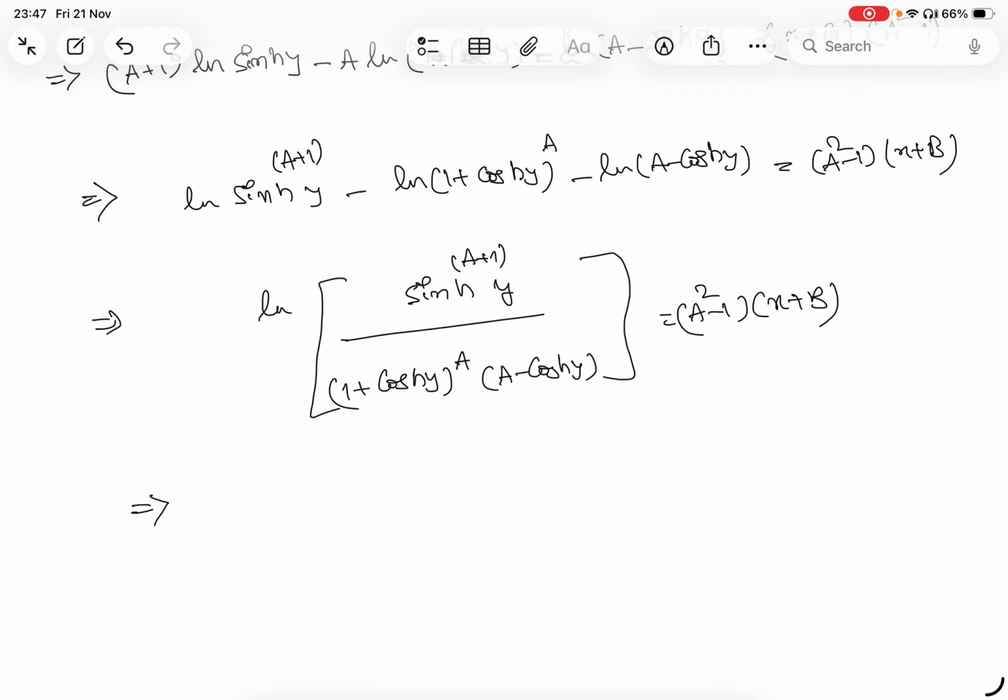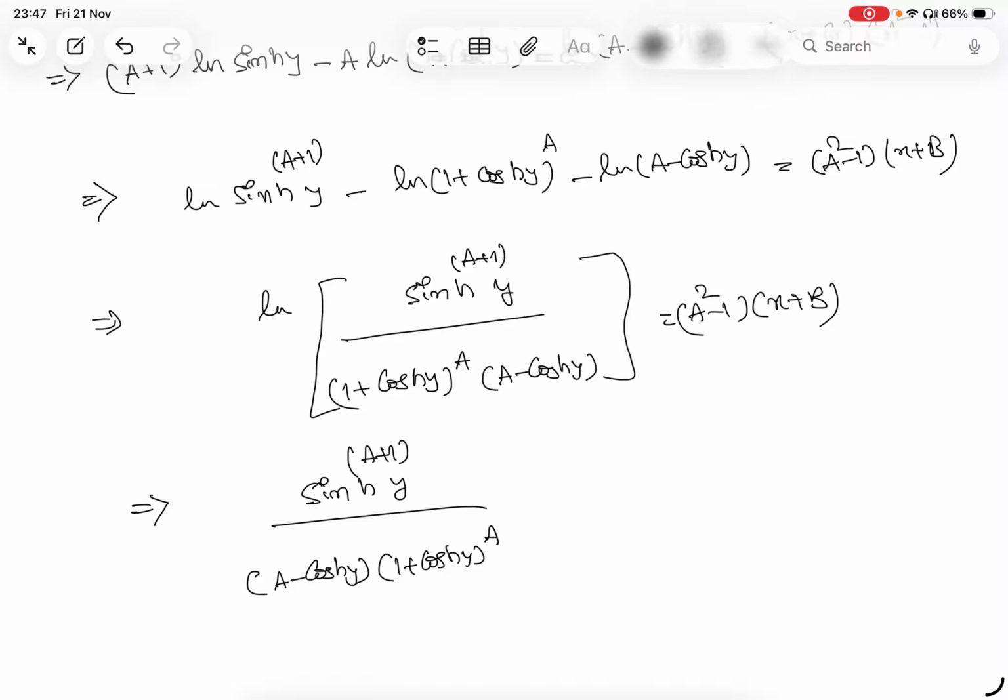Now this can be written as (sin hy) power (a plus 1) by (a minus cos hy) into (1 plus cos hy) whole power a is equal to e power (a square minus 1) into x plus b. Right?